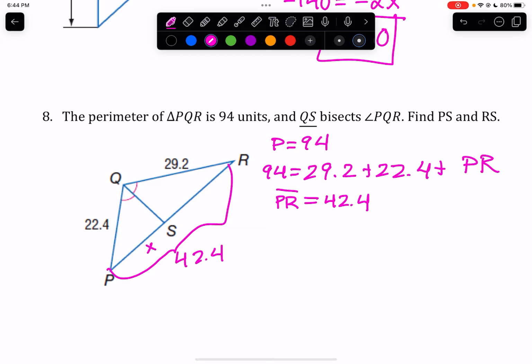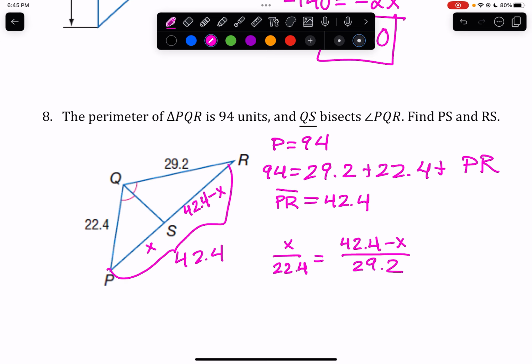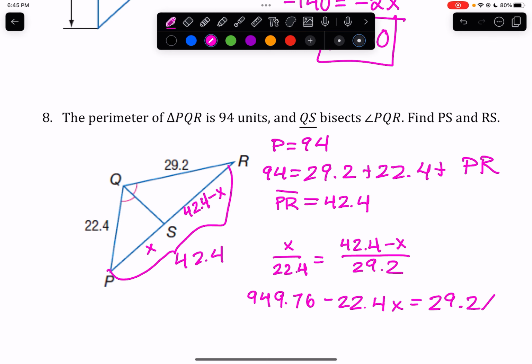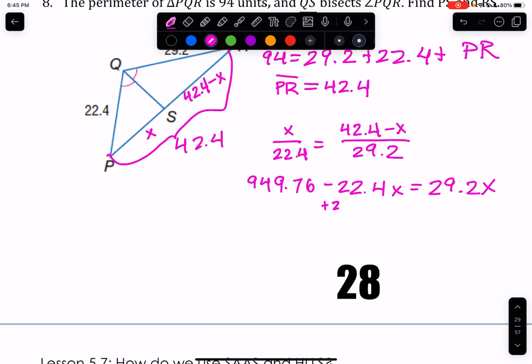So if we call one piece x, we can call the other piece 42.4 minus x and use that to solve. So let's look. x over 22.4 equals 42.4 minus x over 29.2. Cross multiply. 42.4 times 22.4 gives me 949.76 minus 22.4x equals 29.2x. Move the x over.